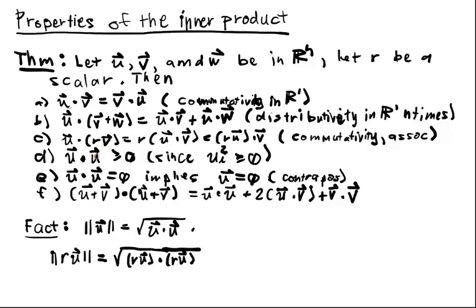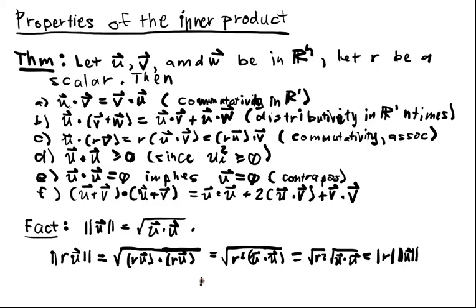And I use part C twice, and this will give me square root R squared times U dotted with U. Right, but this is then equal to square root R squared times the square root of U dotted with U. And each of these is equal to, the first one is just the absolute value of R, and the second one is just the norm of U. So this is a nice little formula that our length will obey, right? And it makes sense, right? If we multiply everything by a number, then length should scale by that number.